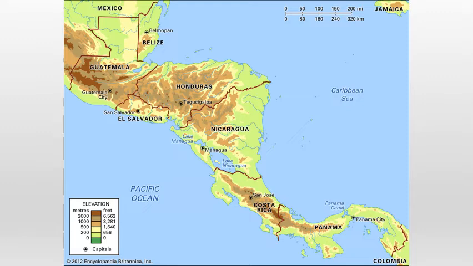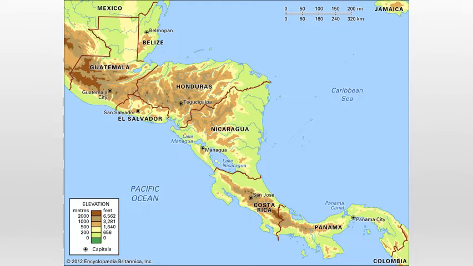Central America is considered its own separate region. We'll talk about why. Geographically, it is the southernmost part of North America. It is called an isthmus. It is an isthmian part of the continent. That just means a narrow strip of land that is not a peninsula. Right? It doesn't just stick out into the ocean.